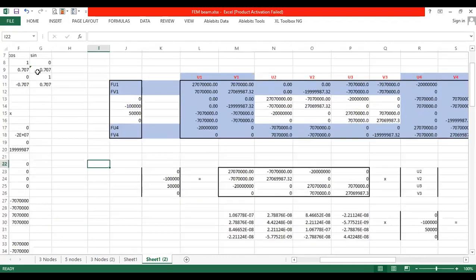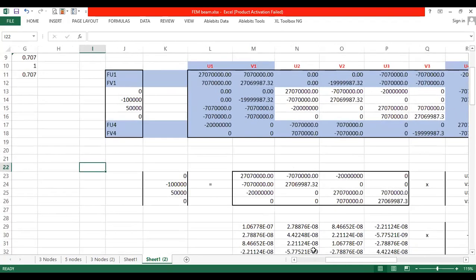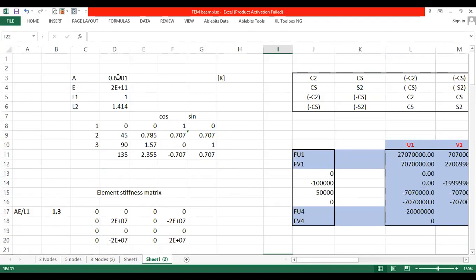Right, let me zoom in. So your A and E are given. A is this one. E is in Newton per meter squared, I think. So L1 is 1 and L2 is 1.41 meters. This is meter to the power 2. I don't remember exactly, so whatever it happens.